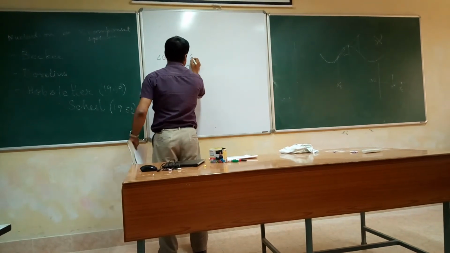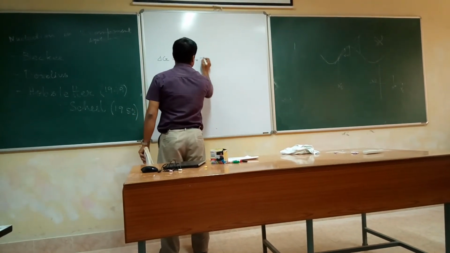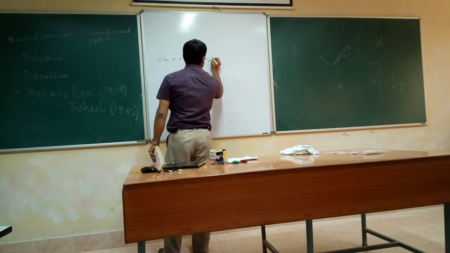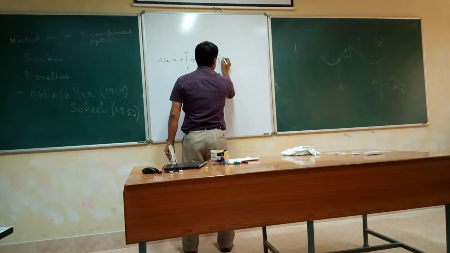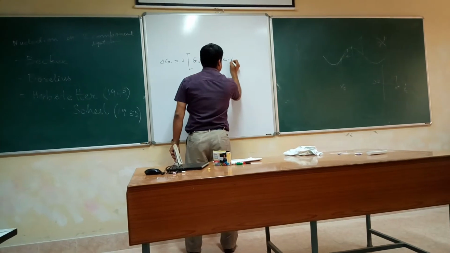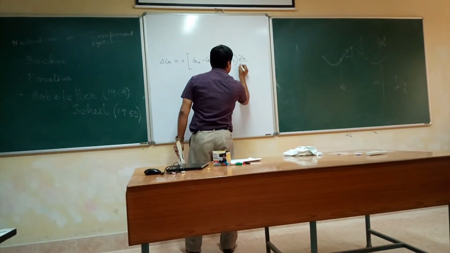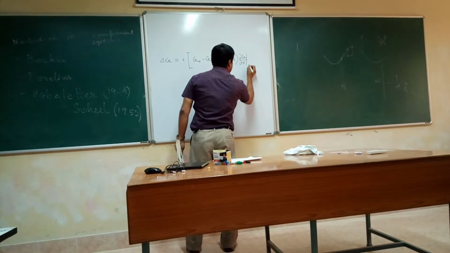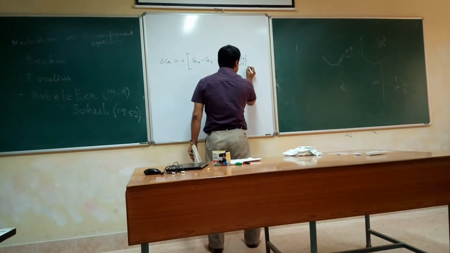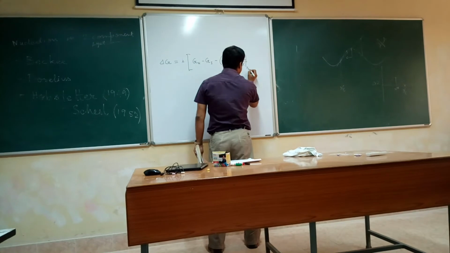Gn minus Gi minus Xn minus Xi multiplied by delta G delta X at Xi.